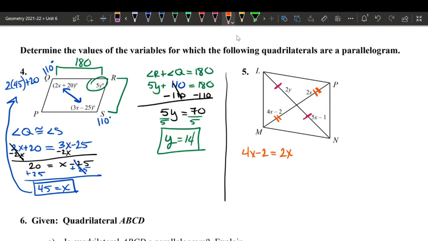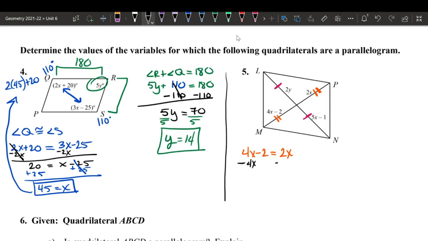So when solving for x, you want to get all the x's to the same side by themselves. So I'm going to start, normally I start with subtracting the smaller one, but that's whenever I have two terms on both sides. Right now I only have one term on the right. So I'm going to go ahead and move my x's over there. It'll be less work in the end.